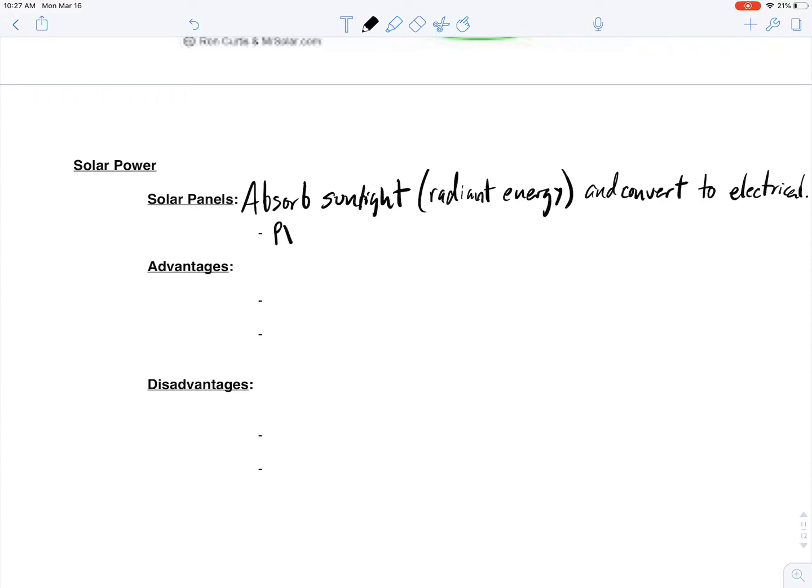And remember, we call that PV. Solar panels are an example of PV, or photovoltaic. And voltaic, volts, is how we measure electricity. Photo, meaning light, electricity, photovoltaic.